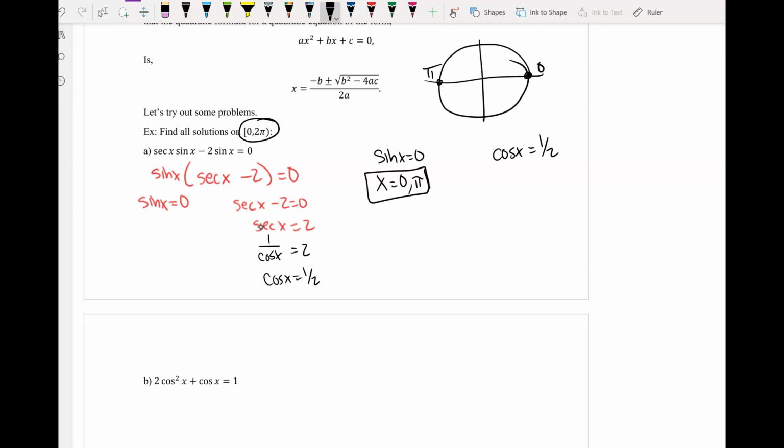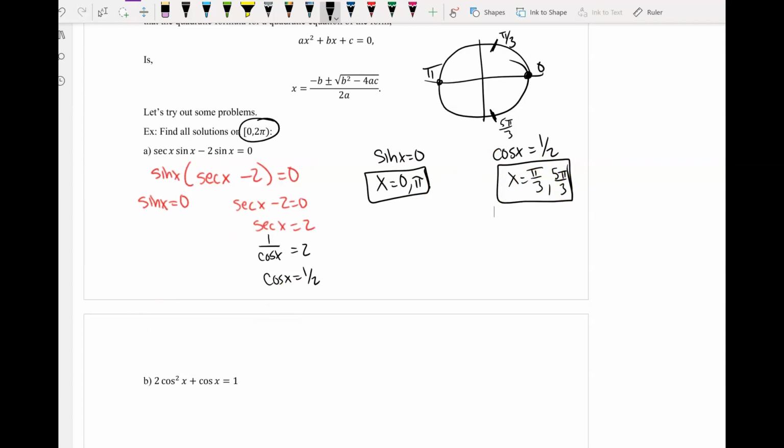Now cosine of x is equal to 1/2 at pi over 3 up here, and it's also equal to 1/2 down here at 5 pi over 3. So x equals pi over 3 and 5 pi over 3. All of these are my solutions: 0, pi, pi over 3, and 5 pi over 3.